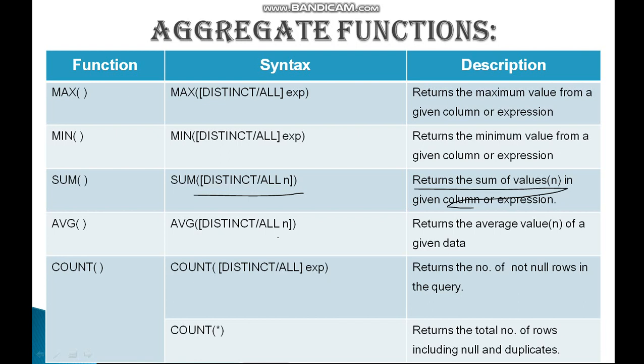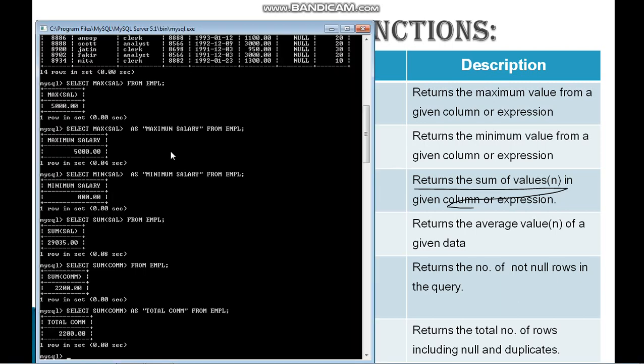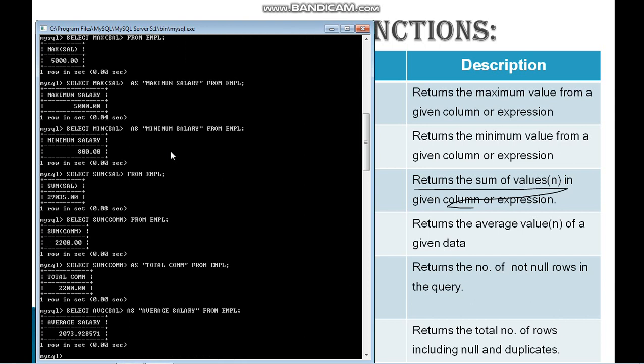So if you want to find the average salary of all the employees, you will write a function: select average, AVG salary as average salary from employee. So this is giving the average salary of the employee.